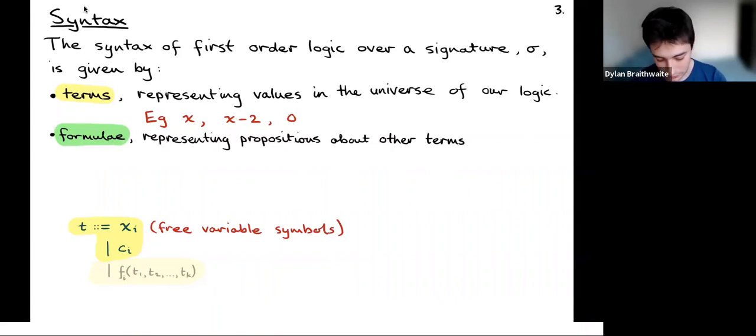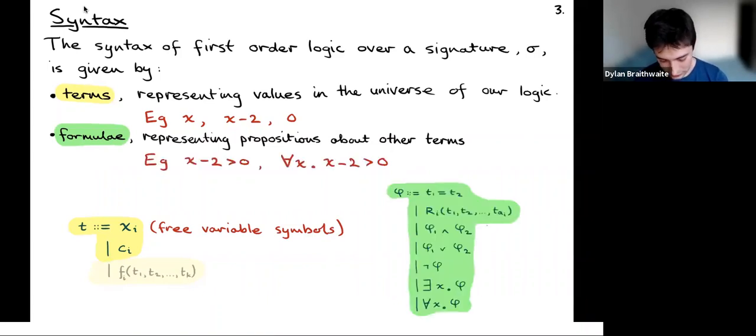They can be propositions like this, in which x is appearing as a free variable, or it can be quantified over x. Here we have for all x. And the grammar for that is a little bigger, but again, pretty straightforward.